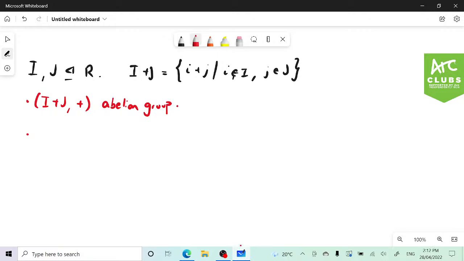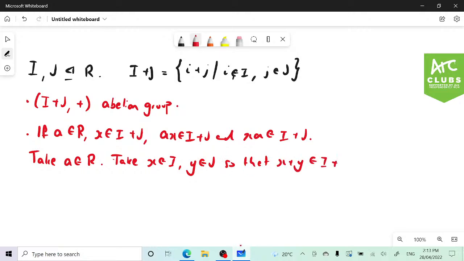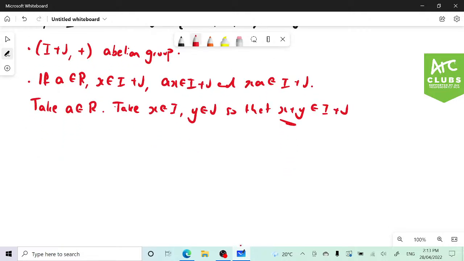So let's take an element. What we're going to do now is prove that if you take an element a in your ring R and an element x in I plus J, then ax is in I plus J, and xa is also in I plus J. So to do this, let's take an element a in your ring, and let's also take x in I and y in J, so that x plus y belongs in I plus J. So x plus y is just some arbitrary element inside I plus J. Let's see what happens when we take the product of these two things.